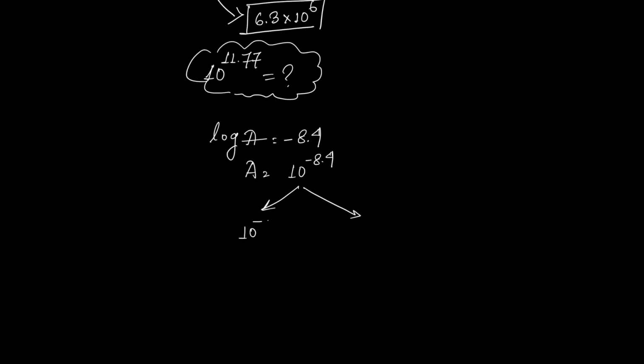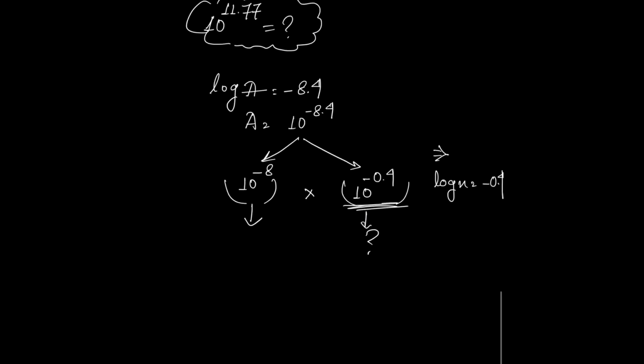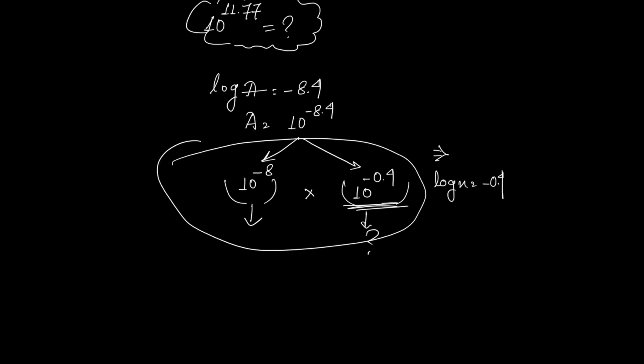We can write it as 10 to the power minus 8 into 10 to the power minus 0.4. Here there is no problem, but here we don't know what it is, because in the log table there was nothing such as log x is equal to minus 0.4. So we can't do it by this process.